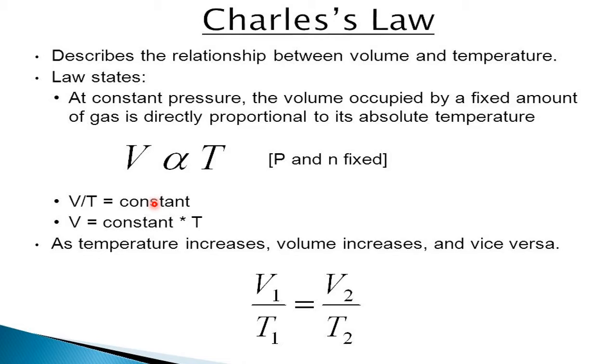Here also, if you change the temperature from T1 to T2, at the same time, volume also changes from V1 to V2. So using this equation, V by T equal to constant, V1 by T1 is also constant, V2 by T2 also constant, until Vn by Tn. That's why I have taken only the first two. So V1 by T1 equal to V2 by T2.